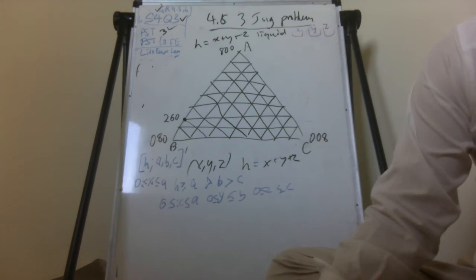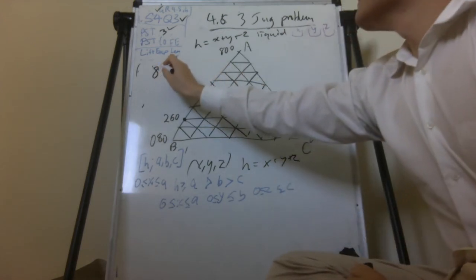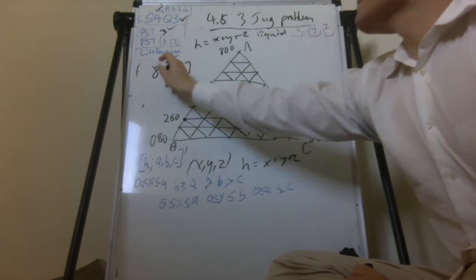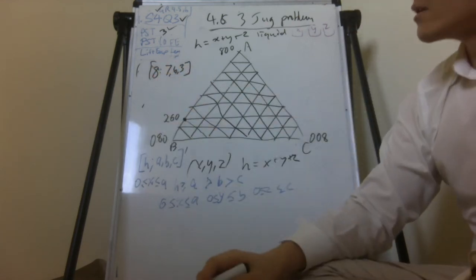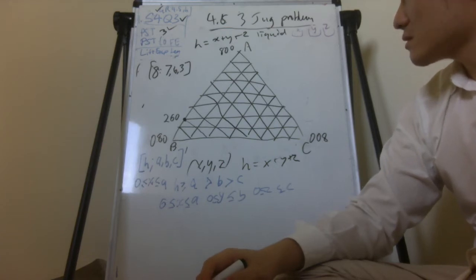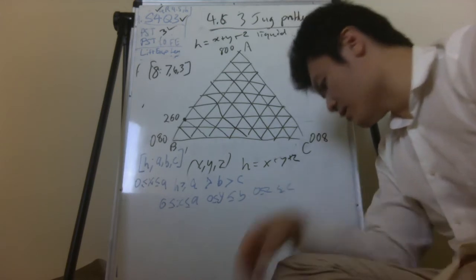Okay, for instance, figure 4.6a and b illustrate problem 8763. So we have 8 pints altogether, and we want it to be 7, 6, 3. Okay, so that means we have to be inside a.